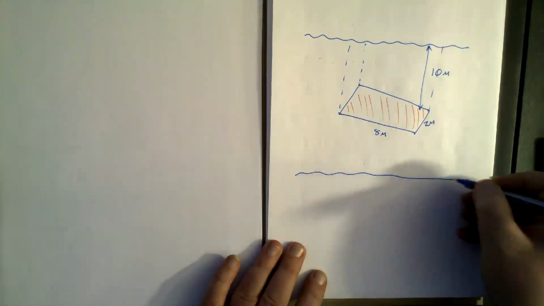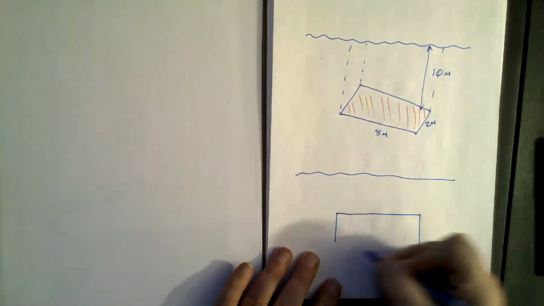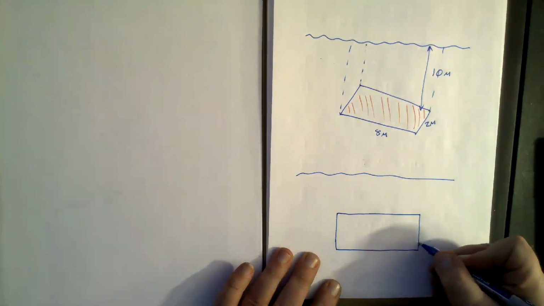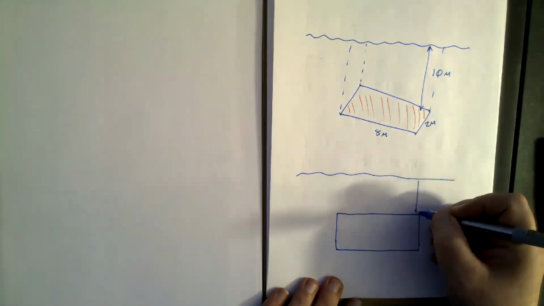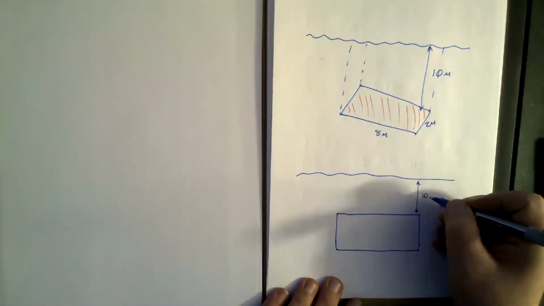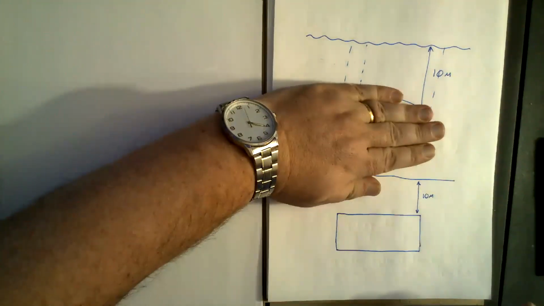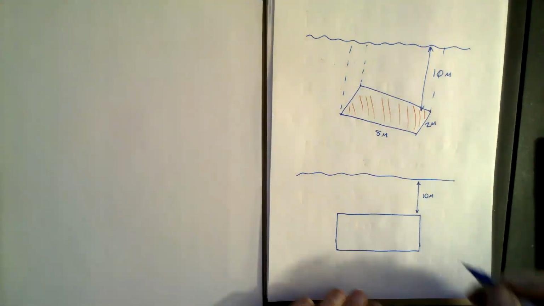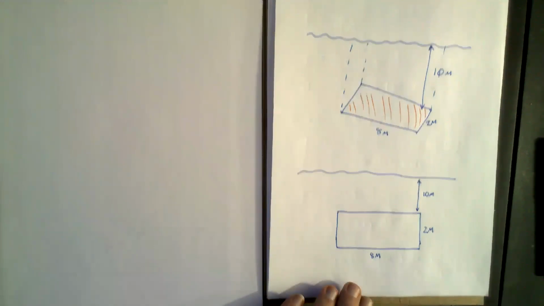Now, I want you to imagine that the plate isn't horizontal, but it's vertical. Now, that distance there, let's say that's 10 meters. So imagine I took this plate and instead of it being flat, I made it vertical, right? So this would still be 2 meters, right? And this would still be 8 meters.